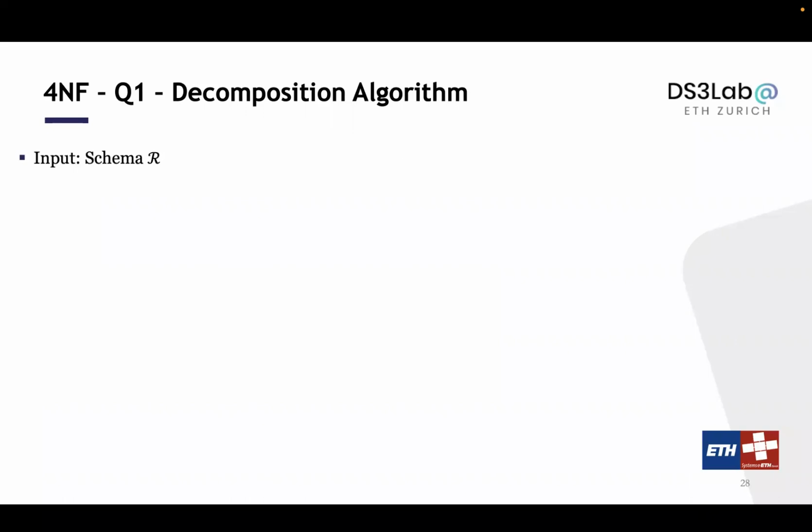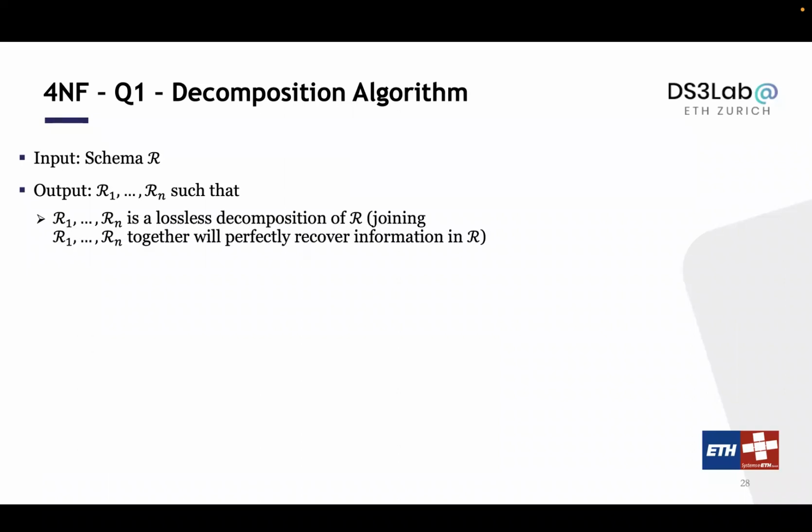Here you input the schema, and your output will be R1 to Rn, smaller relations, such that this is a lossless decomposition of R. If you join back R1 to Rn in a predefined order that you define, you are going to recover the original information. You are not going to lose tuples. You are not going to introduce more tuples. And the second is that R1 to Rn are going to be in fourth normal form.